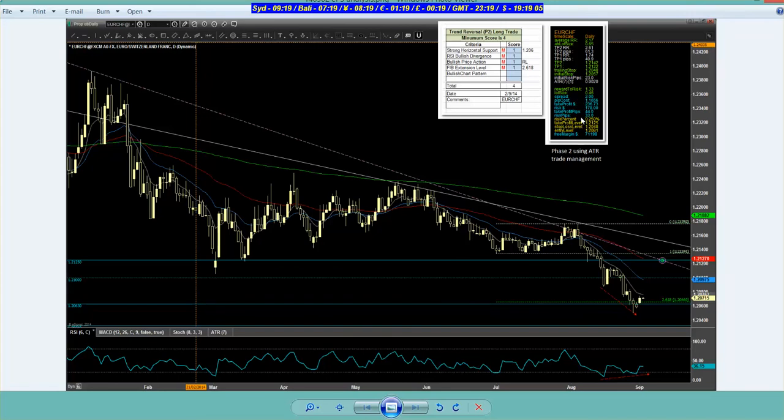Not fabulous, even with an ATR. Okay. You think you've identified 2060 as a strong support? I think it's at 20.